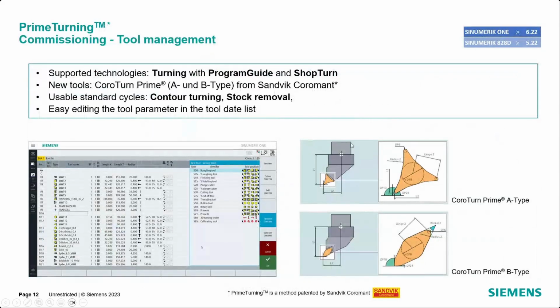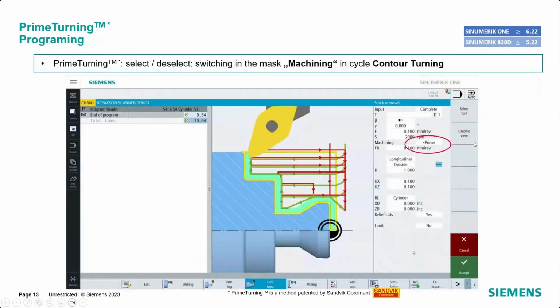So here, with this option on our control, we have both tool types being described, right? And just like we were with the comb grooving and Y-axis, when we go into our cycles, we are able to now use it in contour and stock removal. So when we go into our cycle, we have that option for prime turning now.